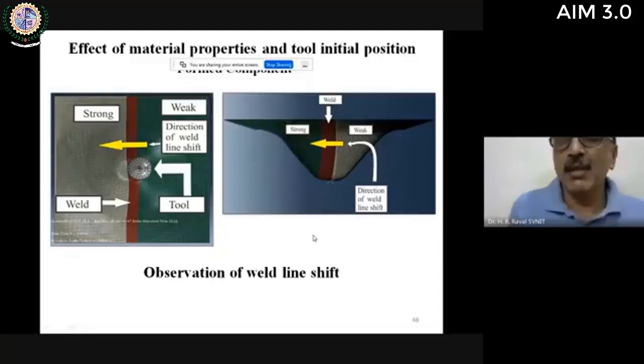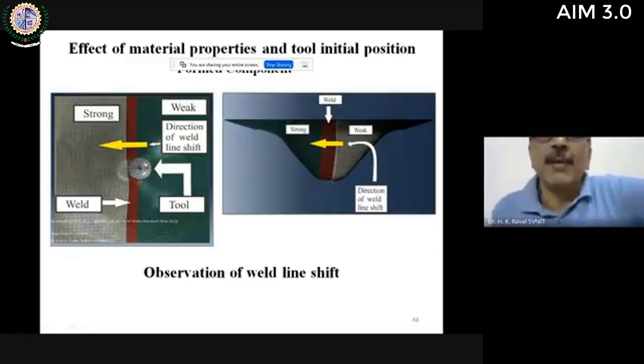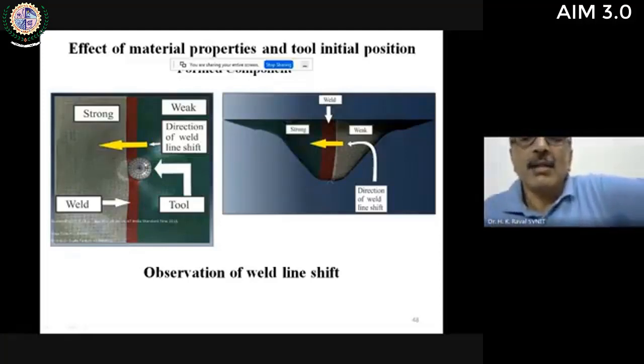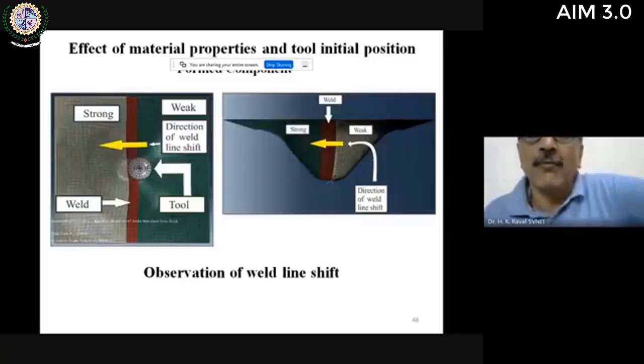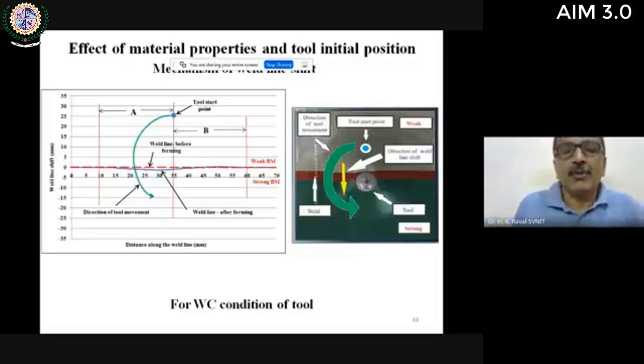This is one of the important drawbacks of TWB forming. Researchers are always trying to control this weld line shift, so that the properties can be uniformly distributed along the deformed object. So this is the objective of the study.